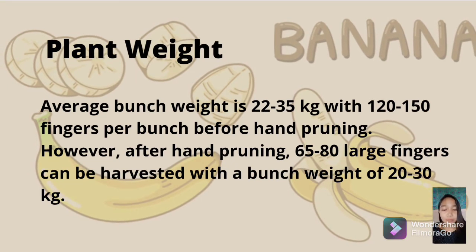Before hand pruning, the average bunch weight is 22 to 35 kg with 120 to 150 fingers per bunch. After hand pruning, 68 to 50 huge fingers with a bunch weight of 20 to 30 kg can be picked.